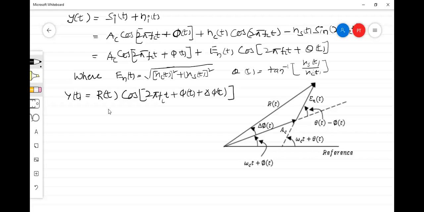Anyway, this r(t) is not that important to us, because even if r(t) is a function of time, we can eliminate all these amplitude variations by passing this signal through an amplitude limiter.